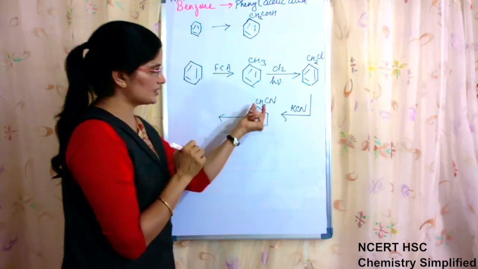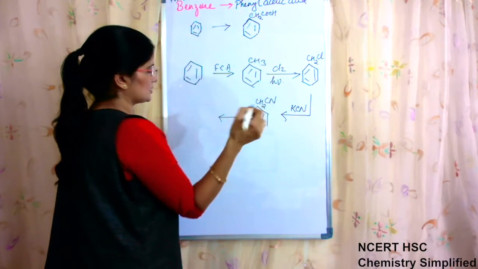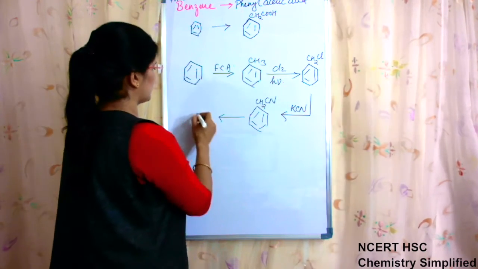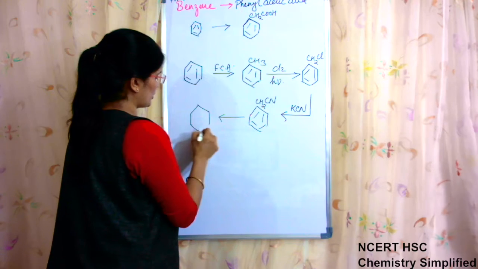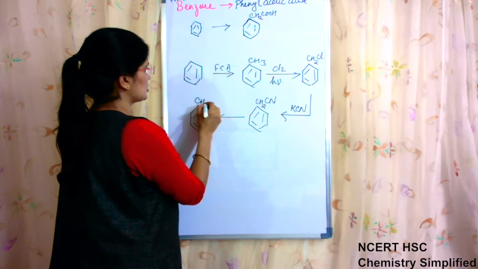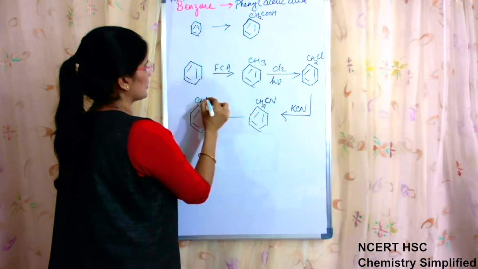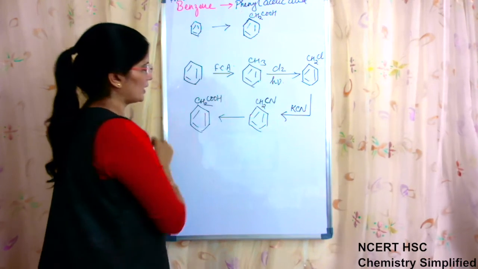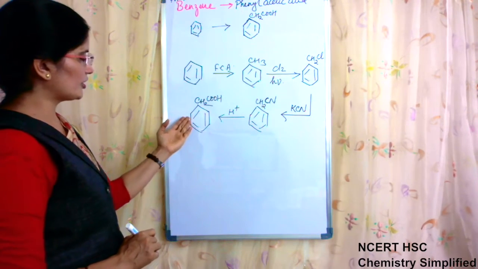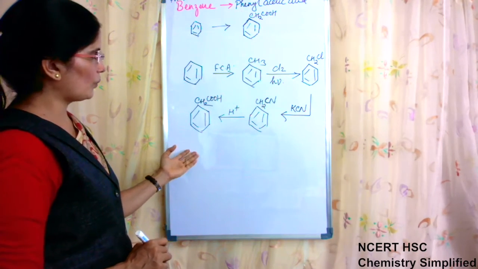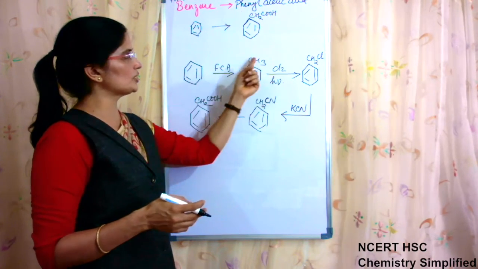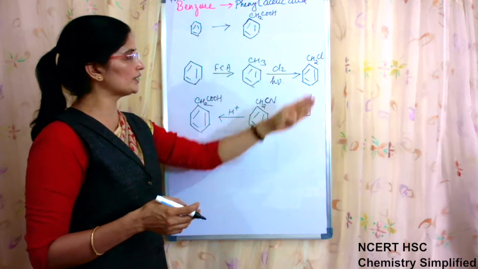When cyanides are hydrolyzed, as we saw in this same chapter in the preparation methods of acids, cyanides on hydrolysis give amides and later on give acids. So CH2CN will be converted into CH2COOH. Now, you may think that we could directly have used Friedel-Crafts alkylation and introduced an ethyl group instead of taking steps.